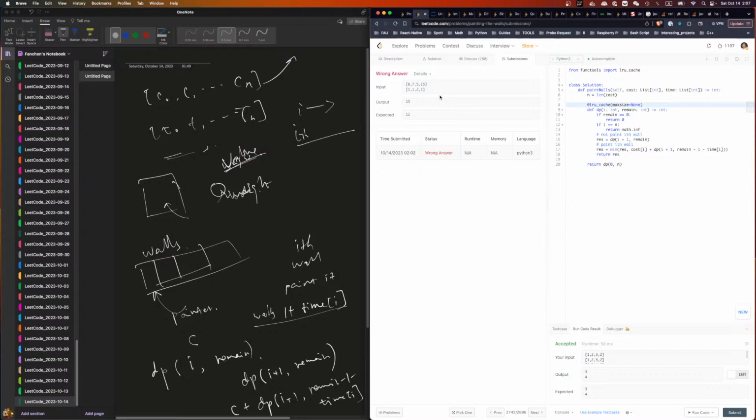Remain is... Okay, I think another one is if remain is larger than 0. So we go to the end.